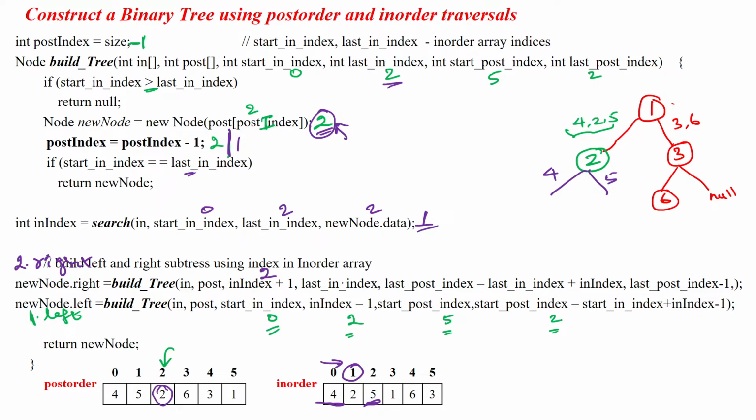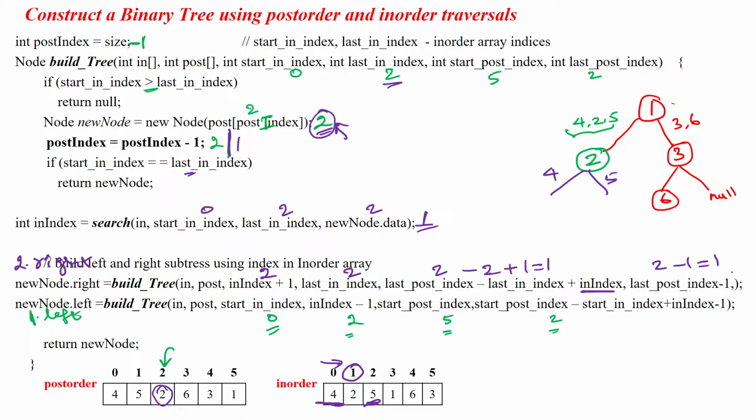So the last inorder index is 2, then last post index is 2 minus last inorder index 2, plus inorder index which we have found, 1, equal to 1, then last post index is 2 minus 1, equal to 1.